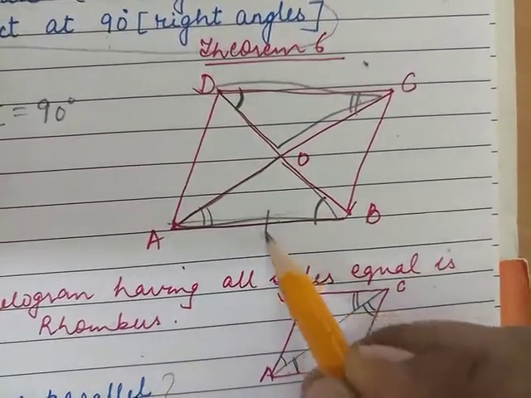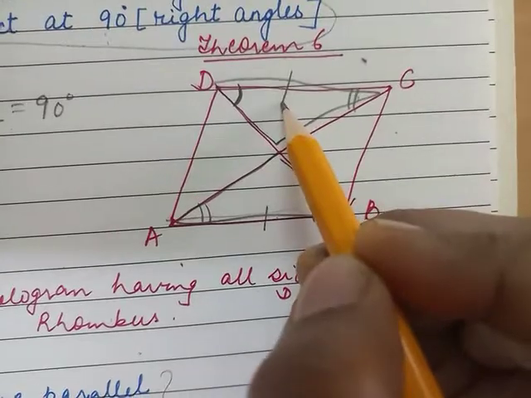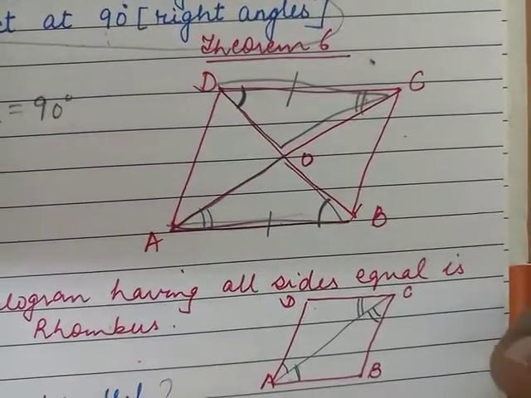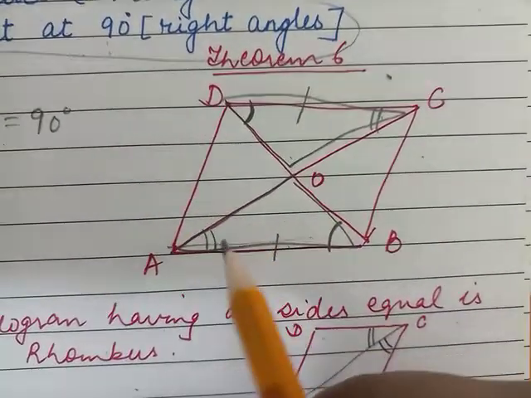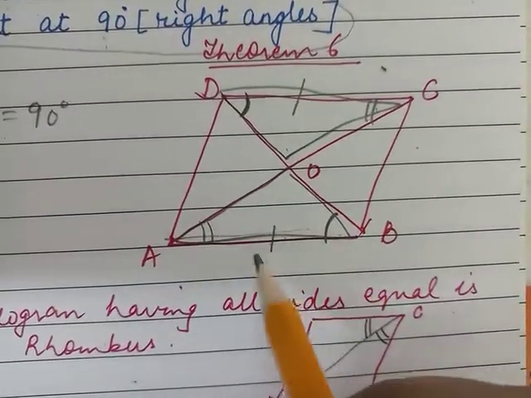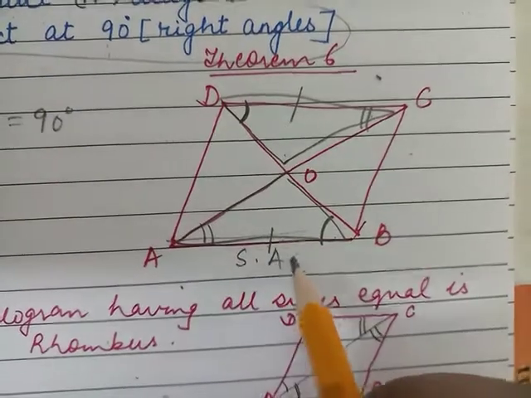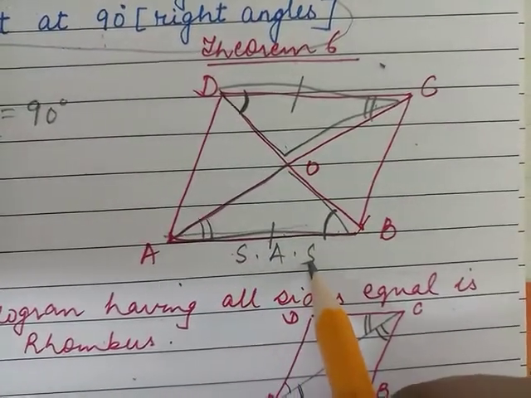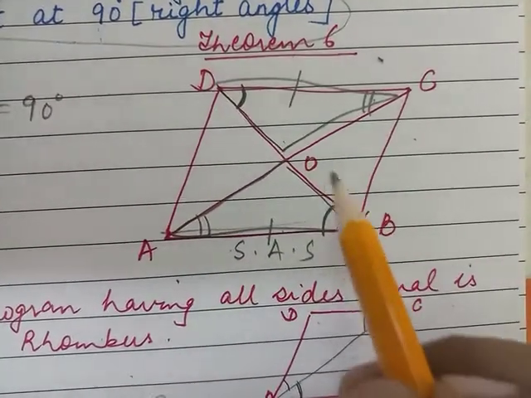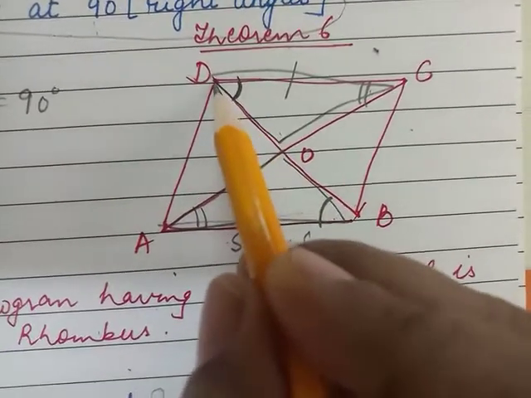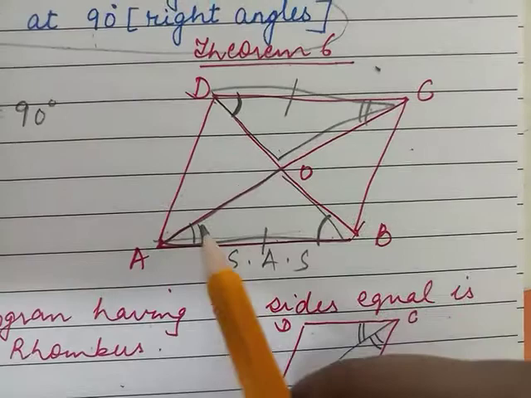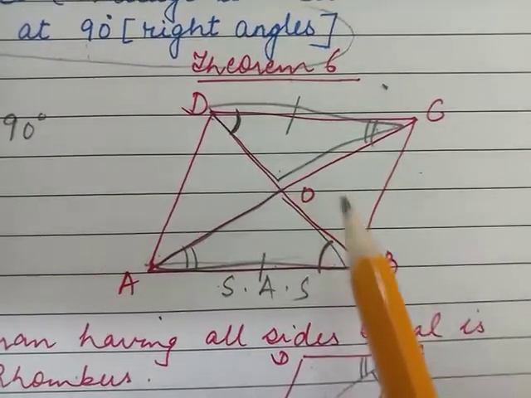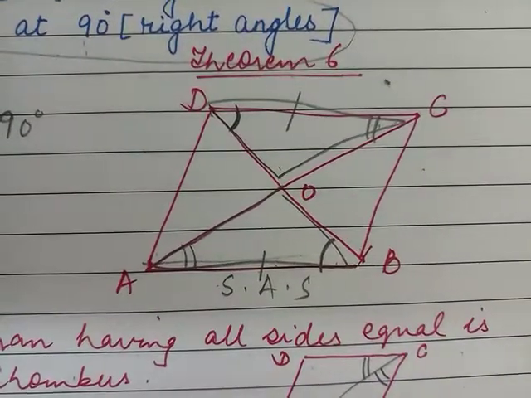Now AB is equal to DC, as we learnt, all the sides of a rhombus are equal. Therefore the two triangles become congruent under the condition of angle side angle. Therefore the remaining elements OB will be equal to OD and OA will be equal to OC. So this way we have proved that the diagonals of a rhombus bisect each other.